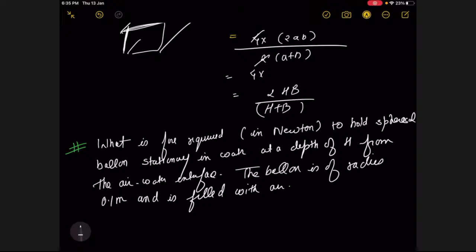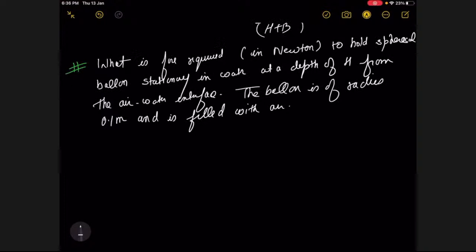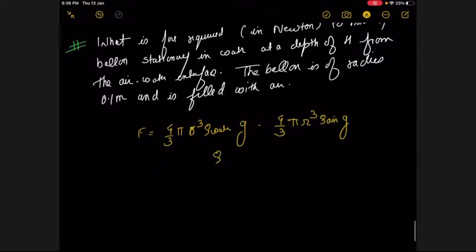Solve this. This is again a question from static fluid, you can say. So here force equals 4 by 3 pi r cube density of water into gravity minus 4 by 3 pi r cube into density of air into gravity. So we know that density of water is very much greater than density of air.